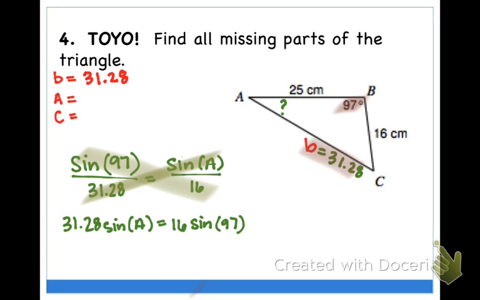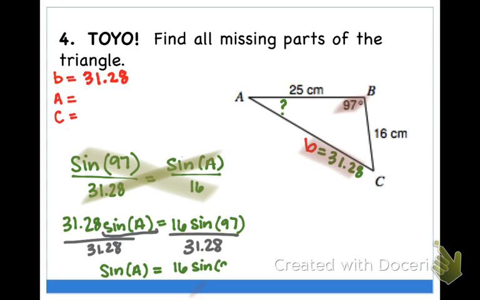Okay, to solve for angle A, I want to start by getting sine of A alone. So to do that, we're going to divide by 31.28 on both sides, and we get sine of A is equal to this great fraction, 16 sine of 97, all divided by 31.28.